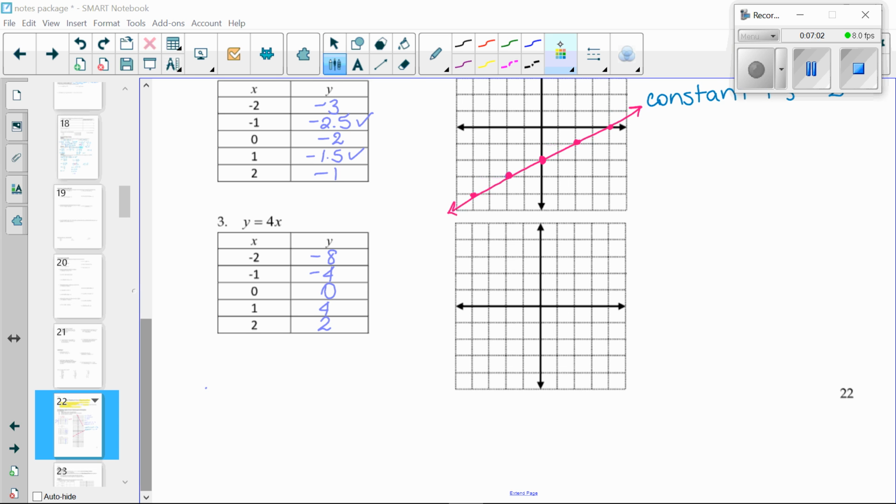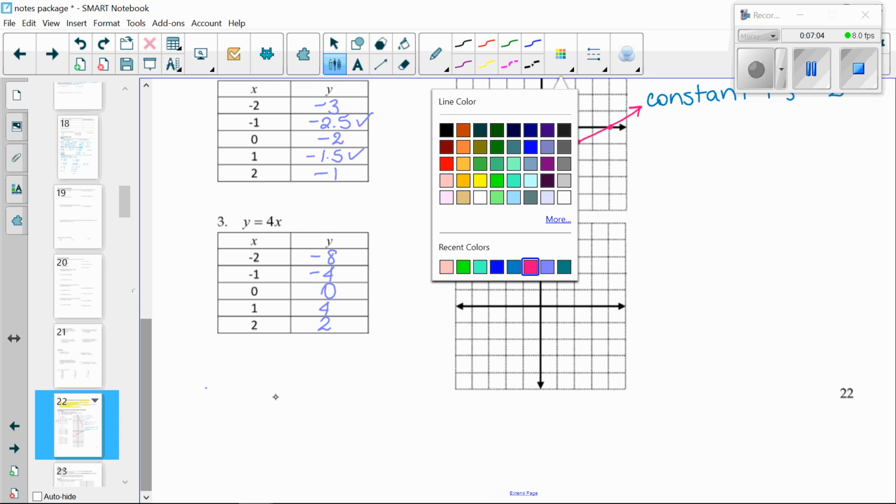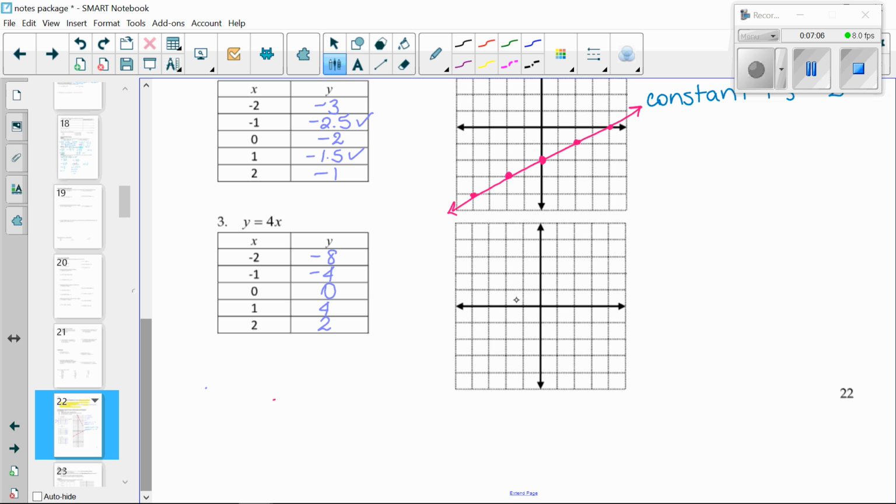Okay, so now we're going to graph. So I have -2, -8, so that's going to be way down here. We're not going to include that because again, we want it exact. The next one is going to be -1 and -4. 0 and 0. 1 and 4. There's 1 and 4.